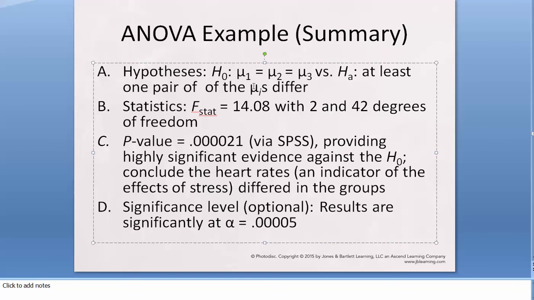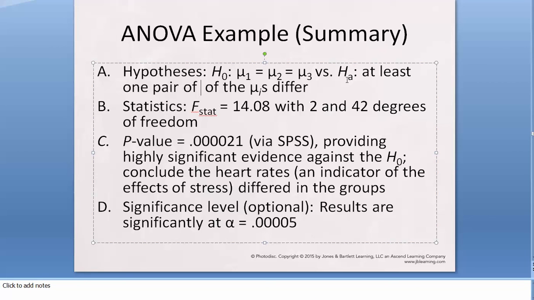That means there will be at least one pair whose means will be different from each other. And then the statistic that we got was 14.08 with numerator degrees of freedom 2, denominator 42, and then p was 0.0021, so results were significant to reject H null and accept HA.